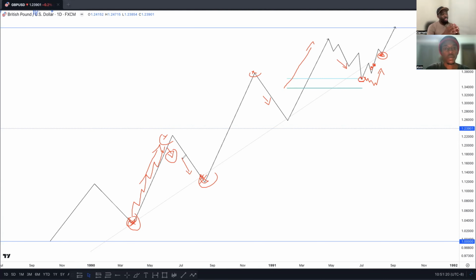The thing with price is, the way I look at price, it repeats patterns a lot. Because you have humans doing these transactions. Price is not just moving on its own. You have some human nature involved as well. And one thing that's for sure about you and I as human beings is we like something that's consistent.